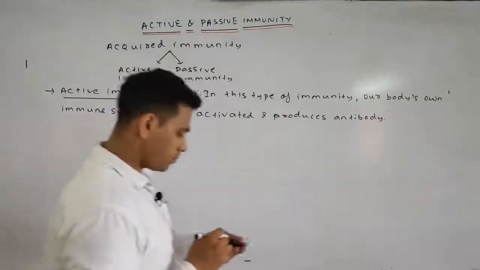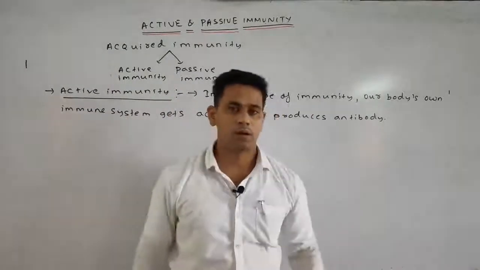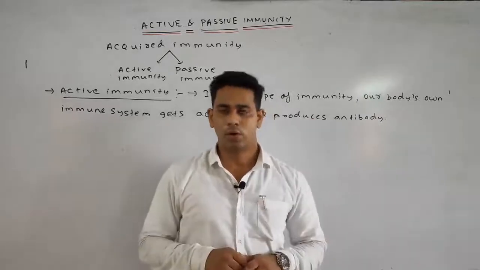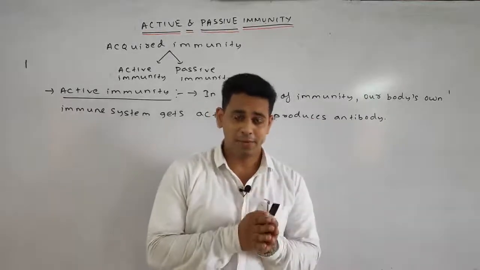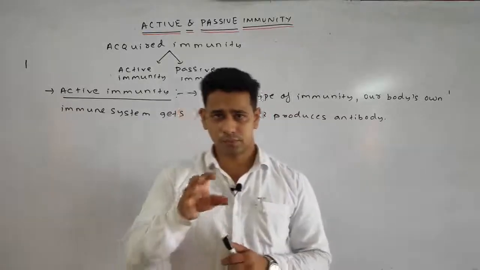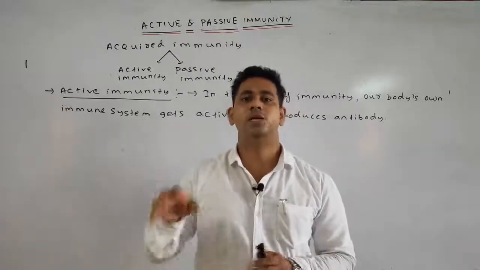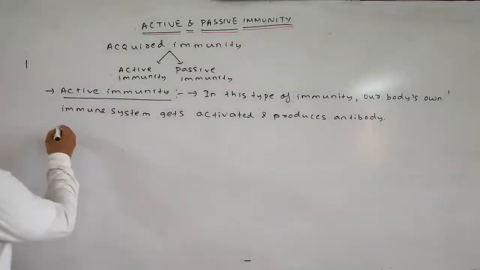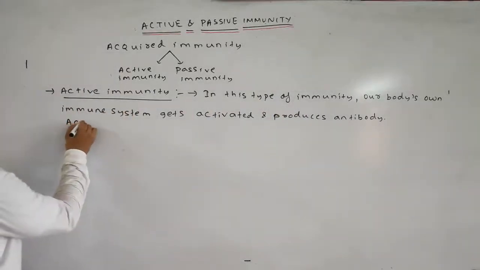Next, active immunity is further divided into two types. One is natural active immunity and the other one is artificial active immunity.